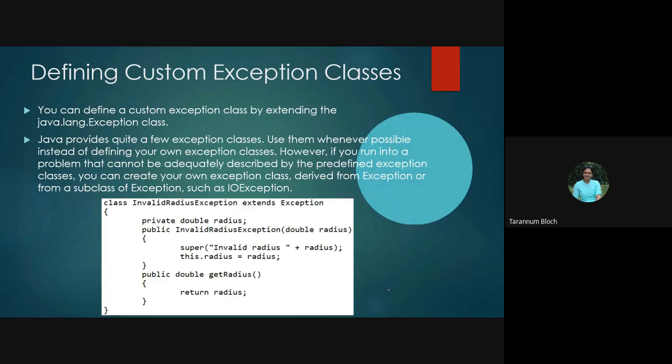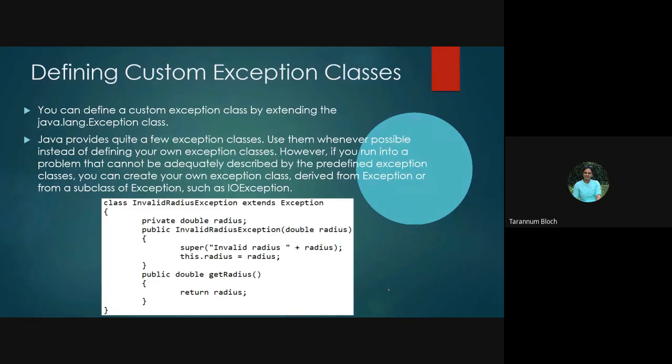Now, we can have a chance to have custom exception classes. As I told you, being a developer, you can define the custom exception, and for that you have to use the root class of java.lang.exception. If you recall, yesterday we discussed that. I said that if you are developing a software and you want to give your own messages, your own exception, you can do it, right?